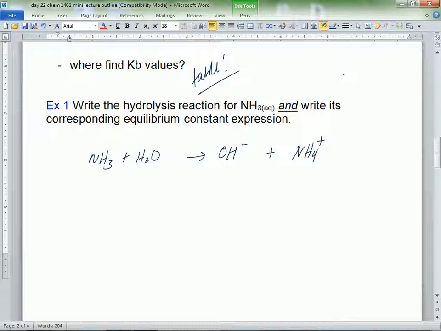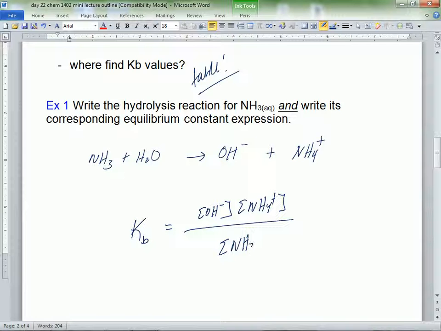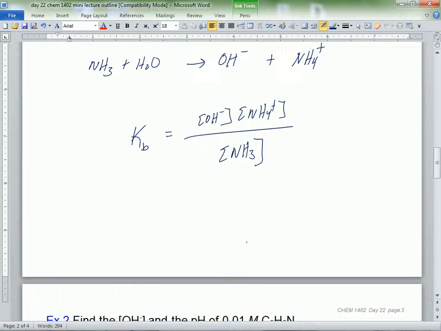Tegan, how would you write that? Kb equals, in brackets, perfect. Okay. Sounds like we're good to go.